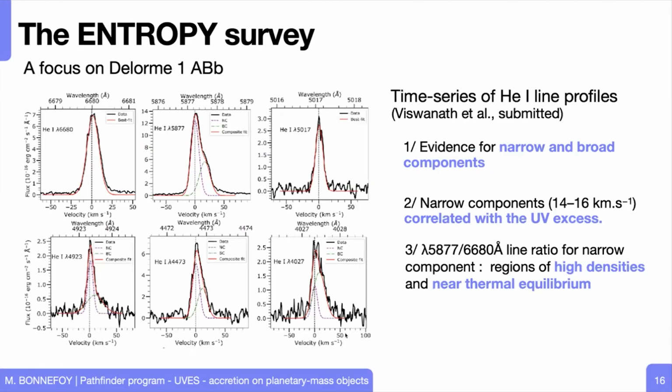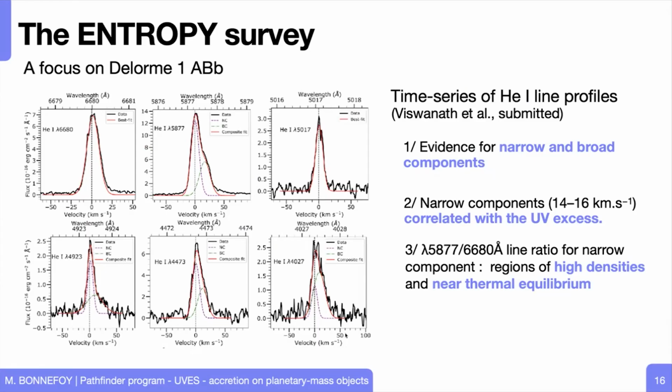And what is interesting is that some of these helium lines are emitted from the same upper level. So you can also model the line emission and try to get some insights on the physical conditions of the gas that is responsible for the line emission.